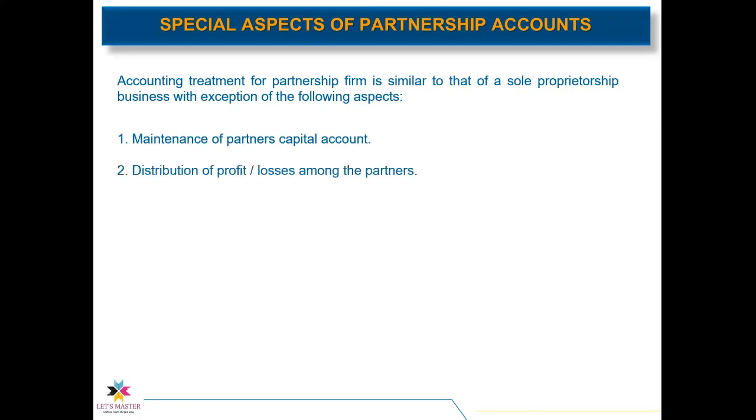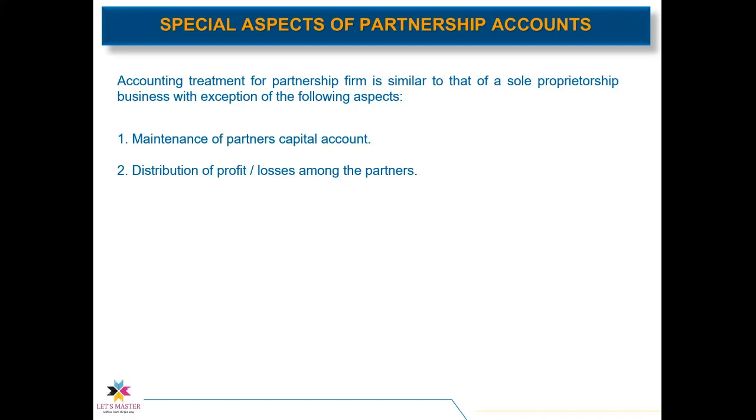Distribution of profit and loss among the partners. So in sole proprietorship, we don't do any distribution of profit. It is directly transferred to the partner's capital account because there is only one person having the claim on the profit earned by the business. But in case of partnership, there are multiple people having their claims on the profits earned by the partnership firm.